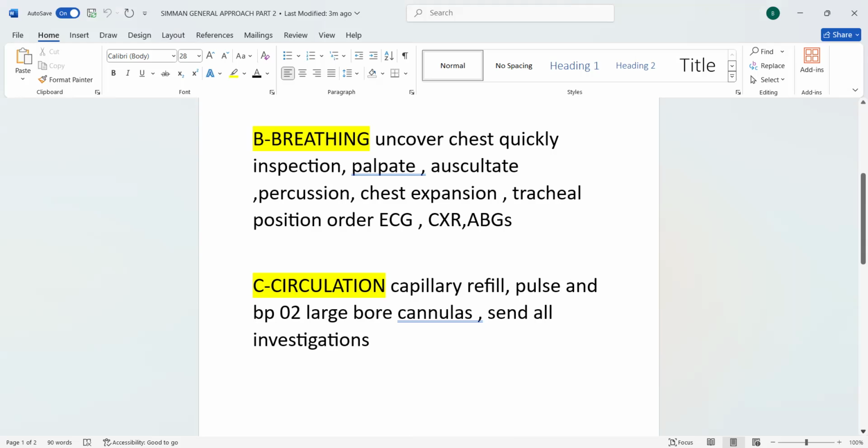for any emergency transfusion. Okay, and after this, then you will have to send all the other investigations: blood count, inflammatory markers, or infection markers, cardiac markers, whatever is related to that station. By this time, you will get the maximum clue about what is actually going on with the patient.